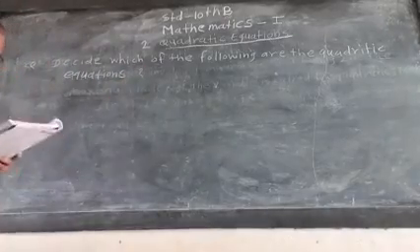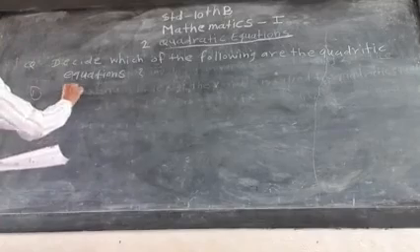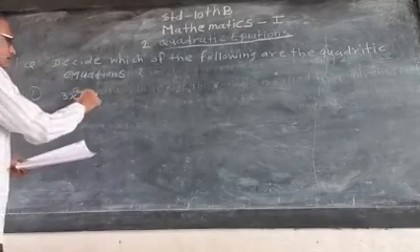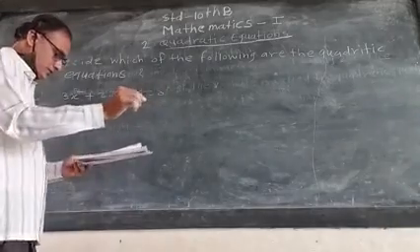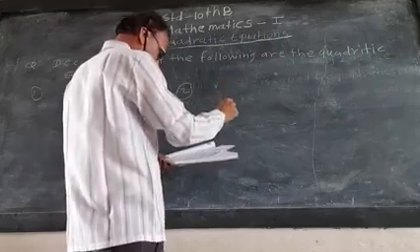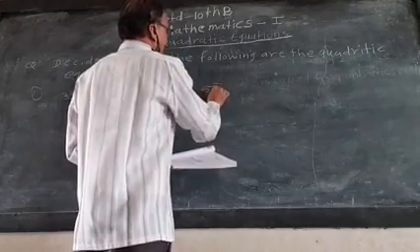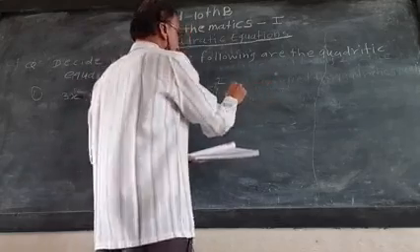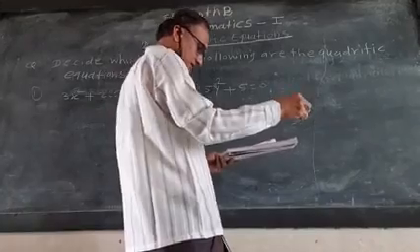First example: 3x square plus 2x plus 3 equal to 0. Second: 5y square plus 5 equal to 0.